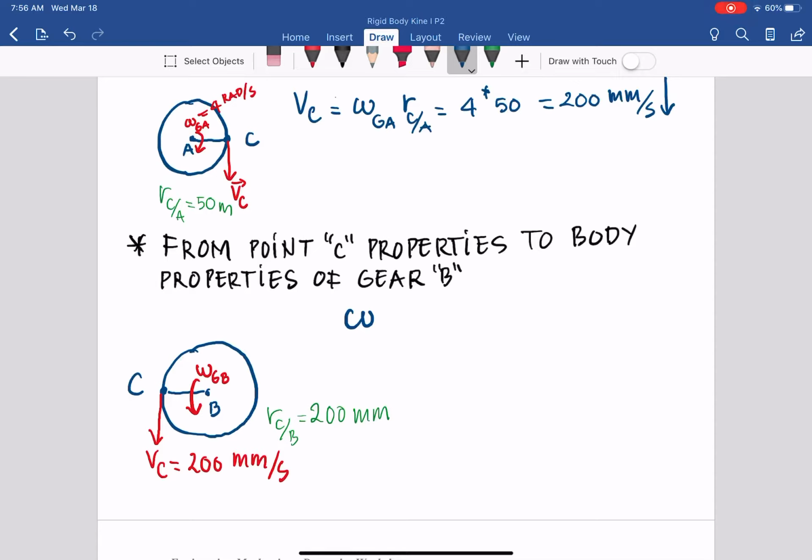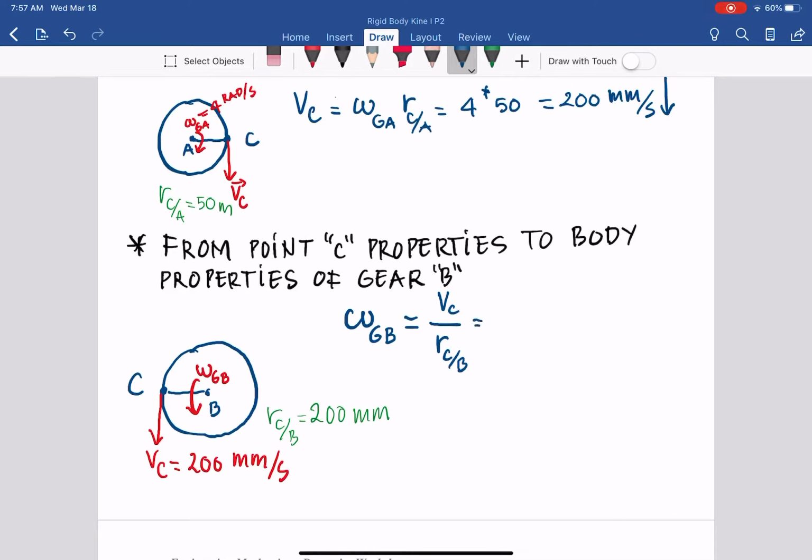In this case, we work on the body gear B. Work has to be on the same body between point and body properties. Omega, the angular velocity of gear B, is equal to the velocity of point C divided by the radius of C relative to B, which is the center of the gear.